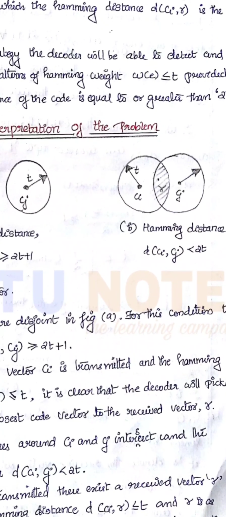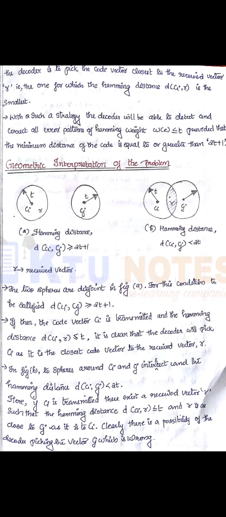So Ci is transmitted and r is the received vector, and the distance between Ci and r and the distance between Cj and r are the same. So there is a possibility of the decoder selecting Cj also, and this is a wrong selection. So, in order to get a correct selection of code word, all code words in a set should have a distance of at least 2t plus 1.